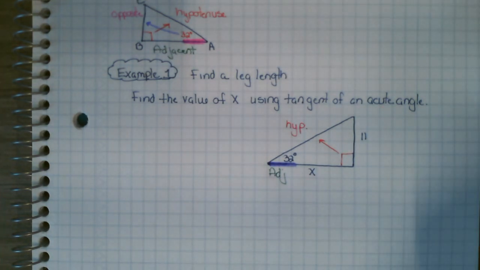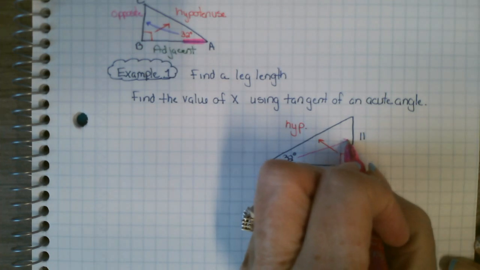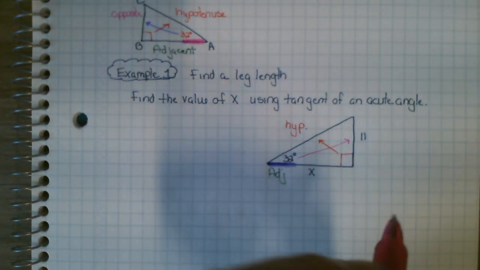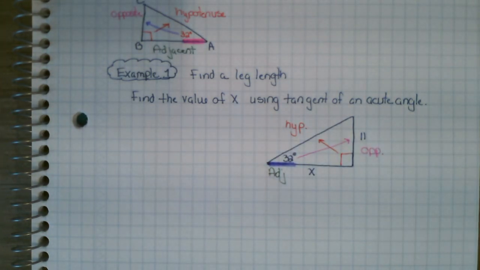Now I have to find my opposite. So I sit here at my 32 and draw across, and that will be my opposite. Again, I'm just abbreviating those. So you need to make sure that you label those first.